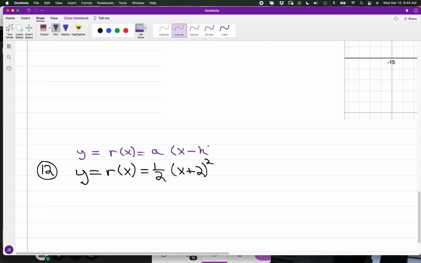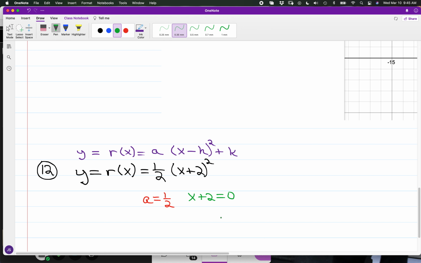And again, we have it equal to a times the square of x minus h, followed by the addition of k. So in front of the binomial we have the number 1/2, so a is equal to 1/2. And for x minus h, we have x plus 2.